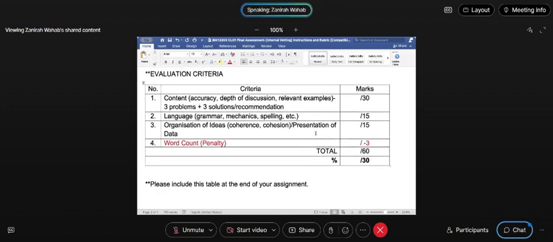I will look at, of course, your content, the accuracy. The accuracy is whether the information shared is accurate. Accurate does not mean when you say you learned it in kindergarten or when you were 4 or 5 years old. I'm not going to question that. The accuracy is on the discussion itself, the way you justify or you explain.